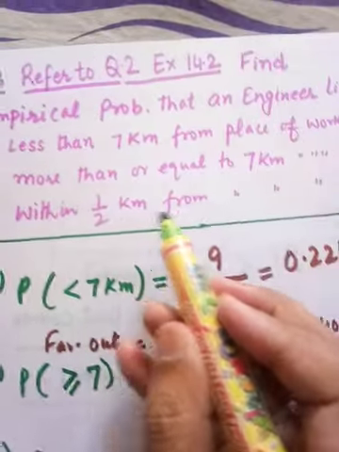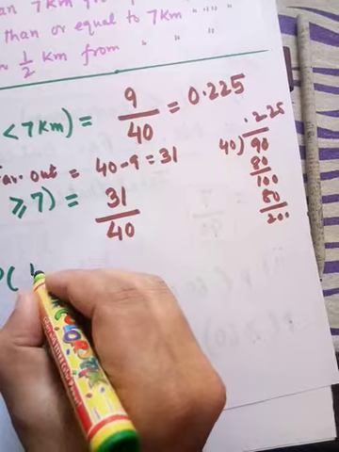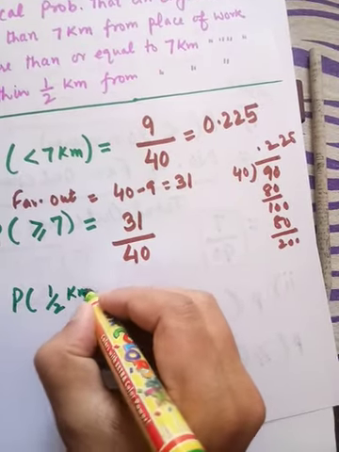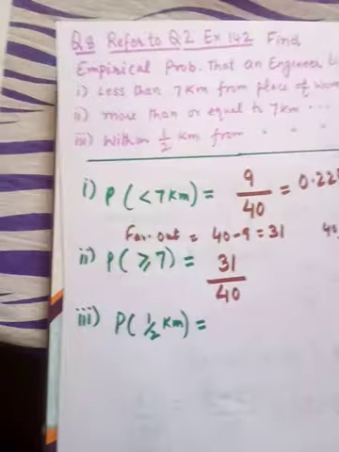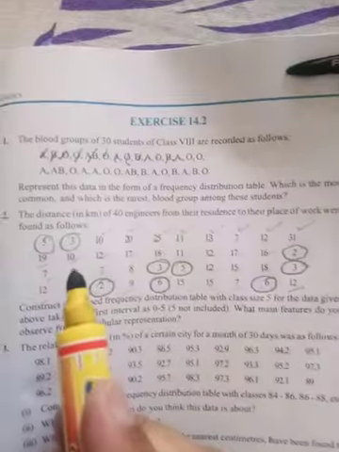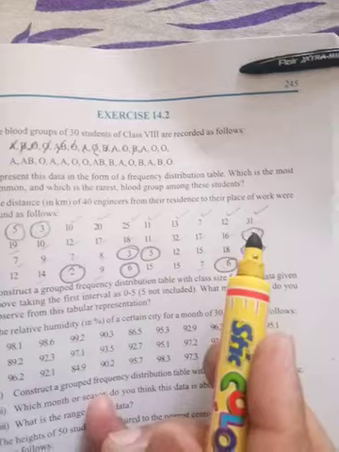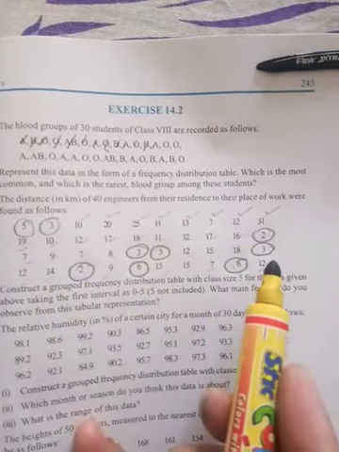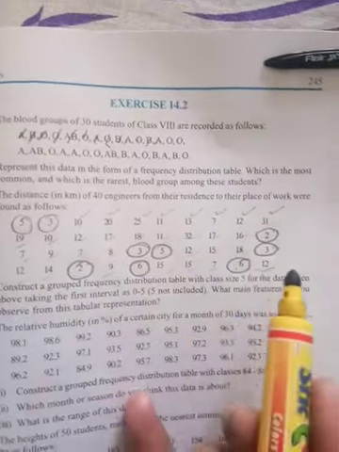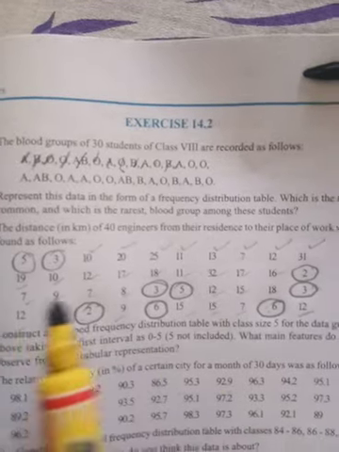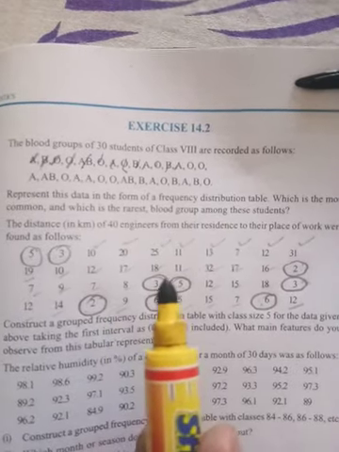The probability of being within half a kilometer from their place of work, half, is equal to, let's see the favorable outcomes. See children, if you watch the numbers carefully, not even a single number is in fractions, that means half or decimals. All the numbers are perfect, meaning these are natural numbers.